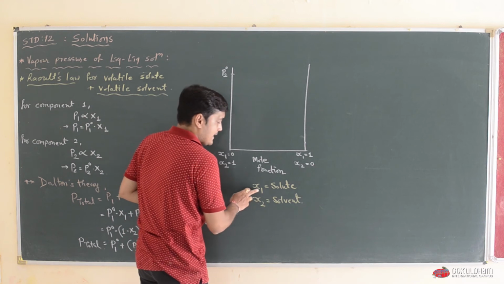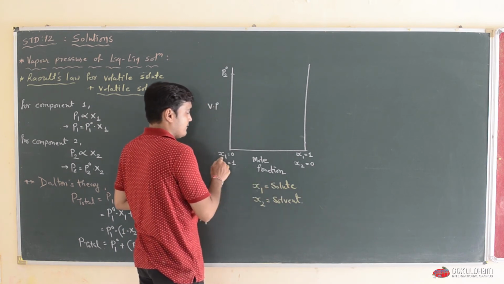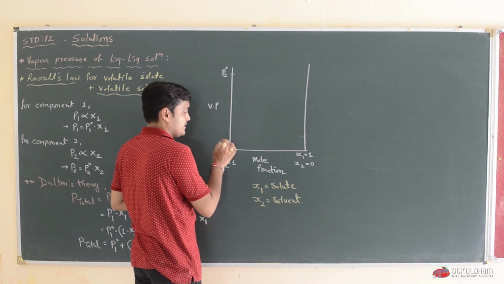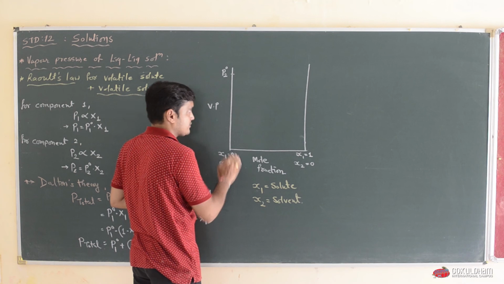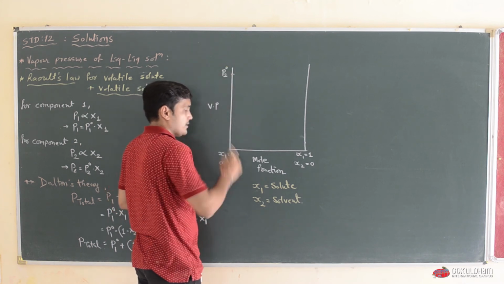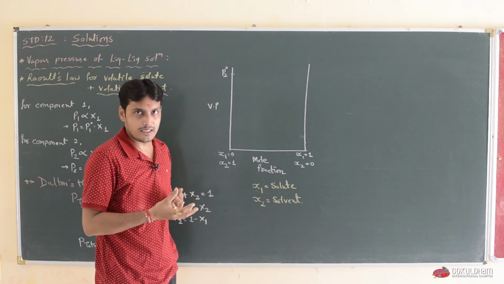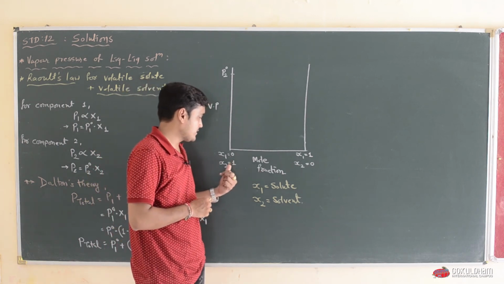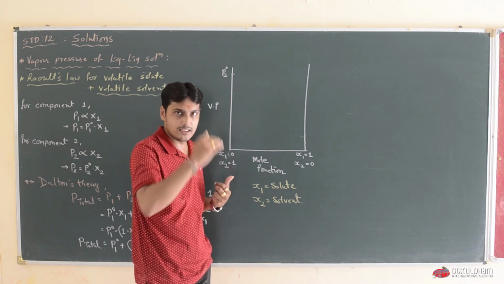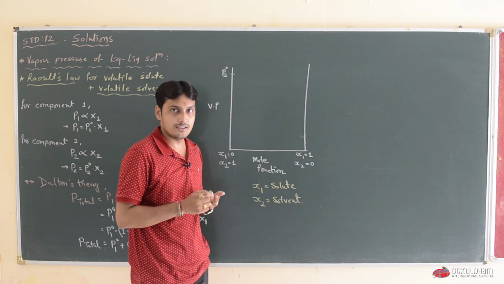Now x1 is our solute. We know that when x1 is 0, there is no addition of any solid into this liquid, that's why the vapor pressure is high. But when we add some NaCl or glucose-like particle in the solvent, at that time the vapor pressure of the solvent will decrease according to Raoult's law for non-volatile solids.